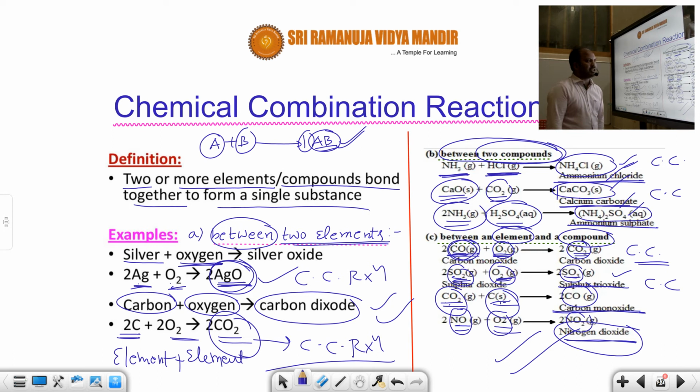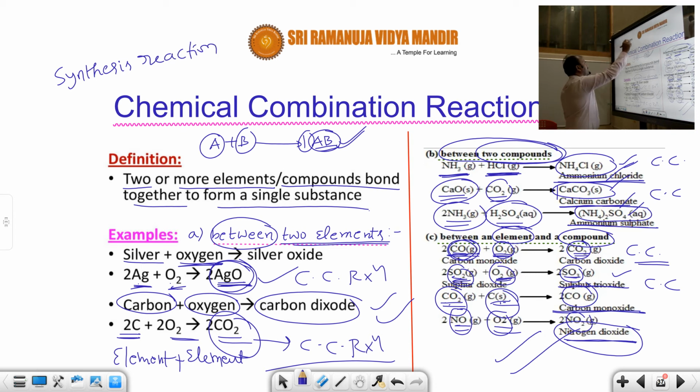Chemical combination reactions. Whether it is element combining, compound combining, or element and compound combining, in the product side, how many new substances are formed? Only one new substance is formed, that is called a chemical combination or composition reaction. When is this called a synthesis reaction?